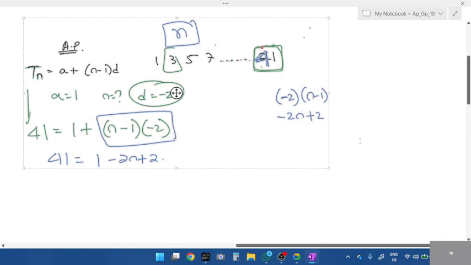The formula, right? Where did we go wrong? Why is it minus 41?